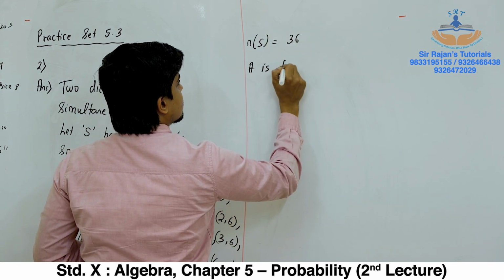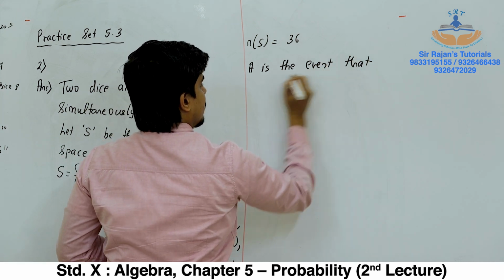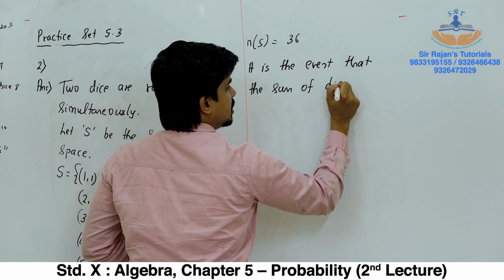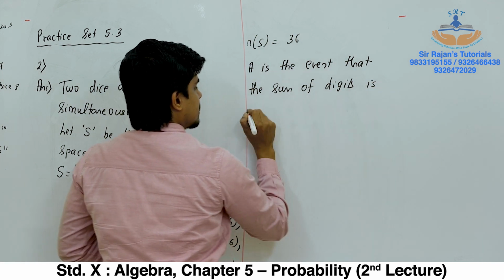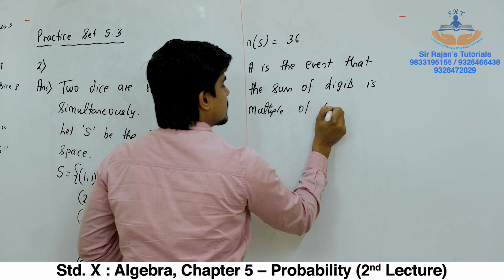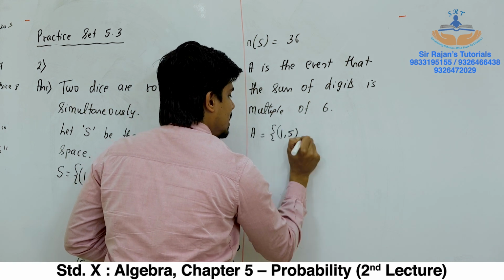A is the event that the sum of digits is a multiple of 6. So in A, 1, 5 will come.